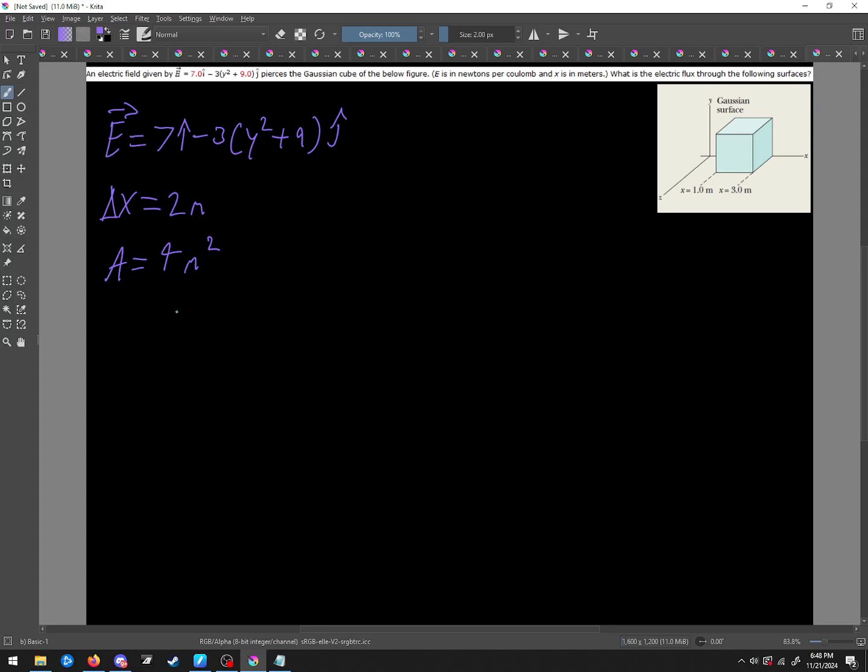Okay. So this, y squared is going to be, this is going to be y. So y equals 2.